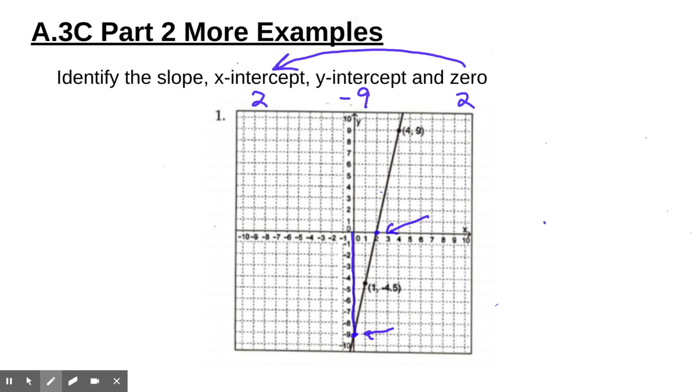We're going to rise 9, and we're going to run 1, 2, 2. So that equals 4.5. You could also go up here, 1, 2, 3, 4, 5, 6, 7, 8, 9. Run 1, 2.